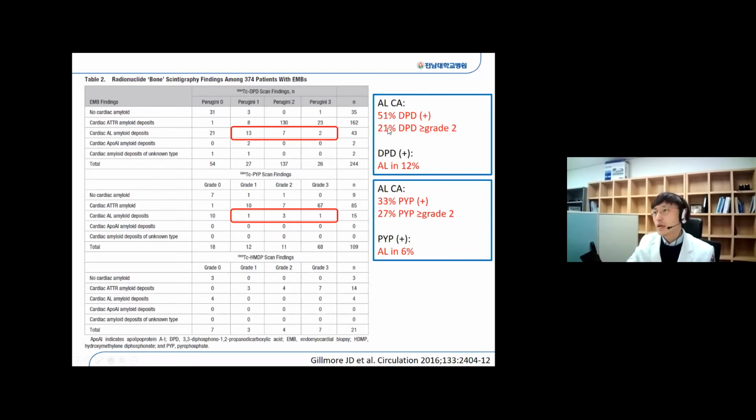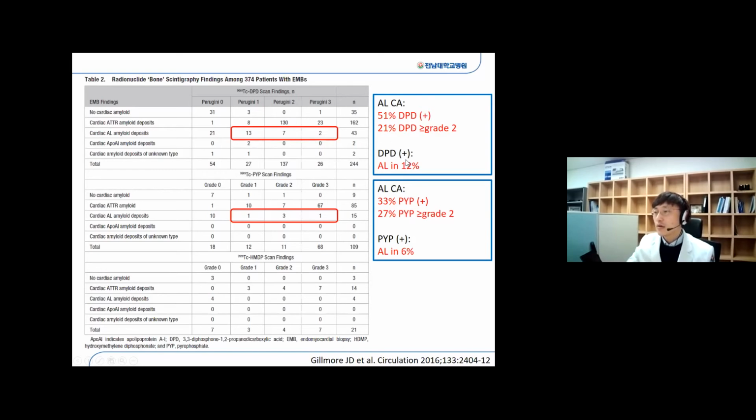So here, in summary, 21% of AL-type cardiac amyloidosis shows grade 2 or more DPD cardiac uptake, and 27% can show at least grade 2 of PYP uptake.